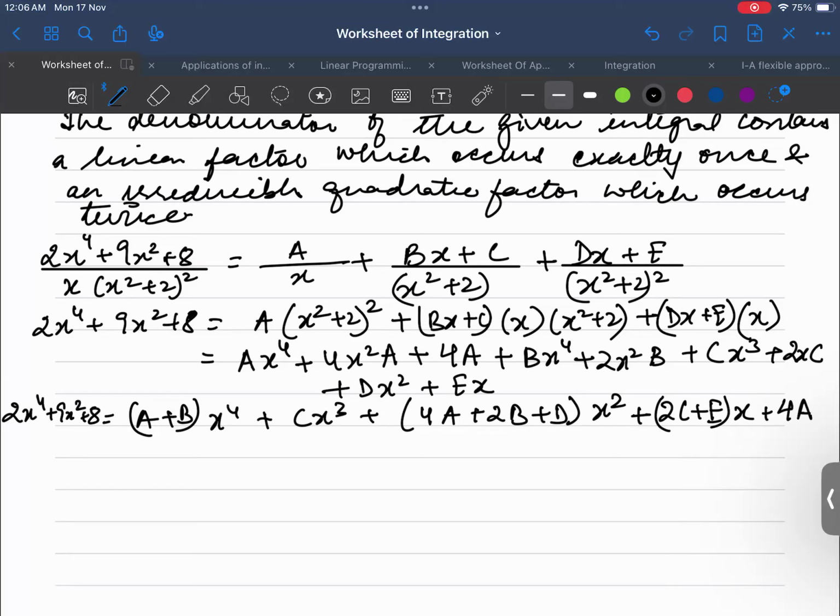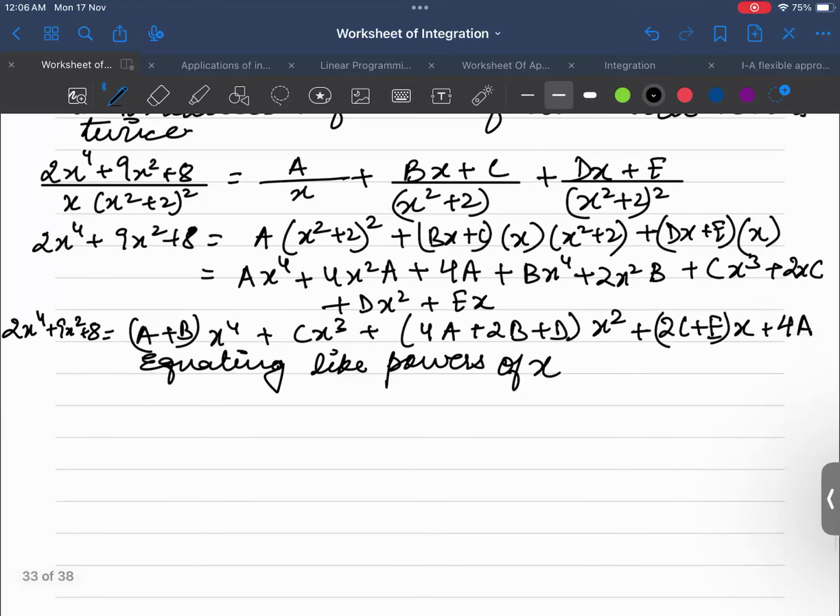What we will do now to solve it is equate like powers. Powers of x we will equate. Like x power 4, over here x power 4, means a plus b is equal to 2. Because x power 4 would remain the same, and whatever the remaining coefficients are, they will be equal.